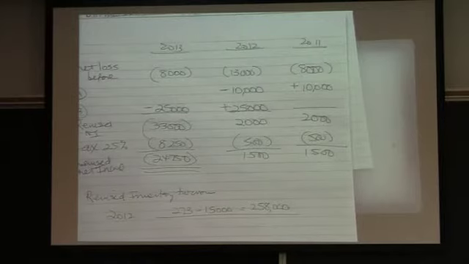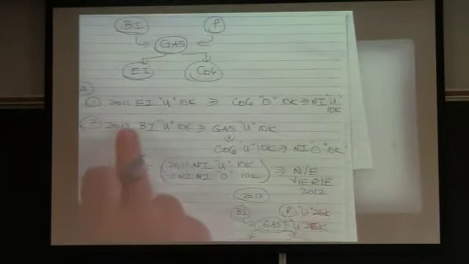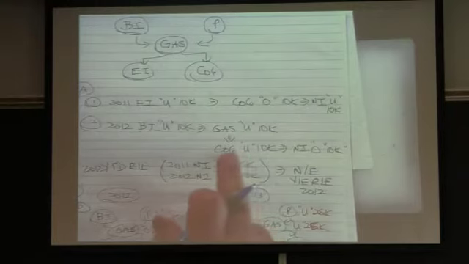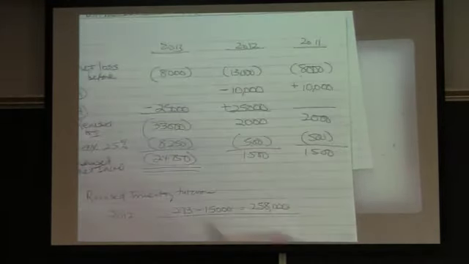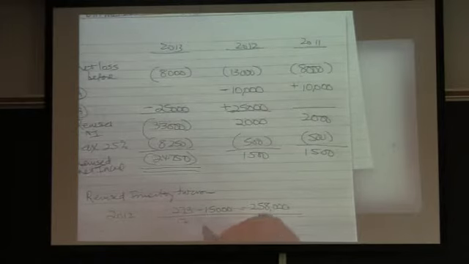So let's take a look at this for a minute. For 2012, the ending inventory, so why don't we put the inventory for 2011 of 17, right?